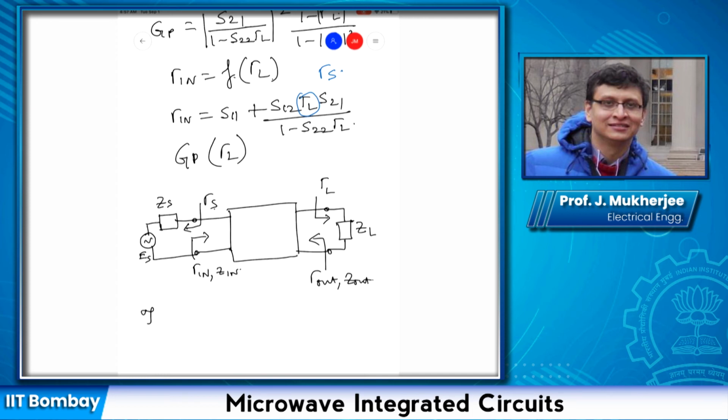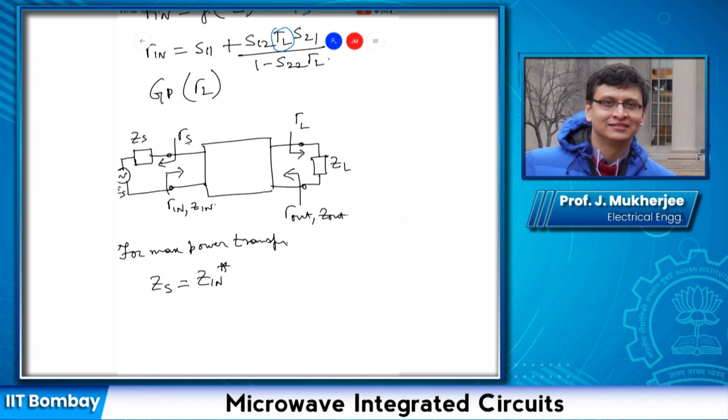For maximum power transfer, you should have Zs equal to Z in conjugate and ZL equal to Z out conjugate.